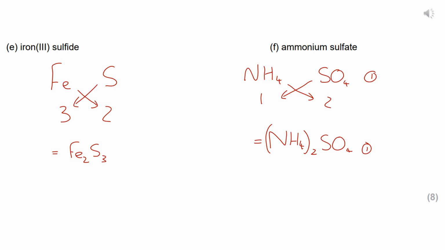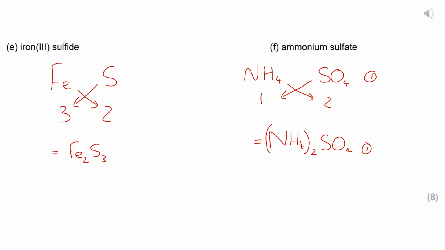Well done. F then, ammonium sulfate. This is also a 2 mark answer. The first mark is for getting the NH4 for ammonium and SO4 for the sulfate. So ammonium has a valency of 1 and sulfate has a valency of 2.